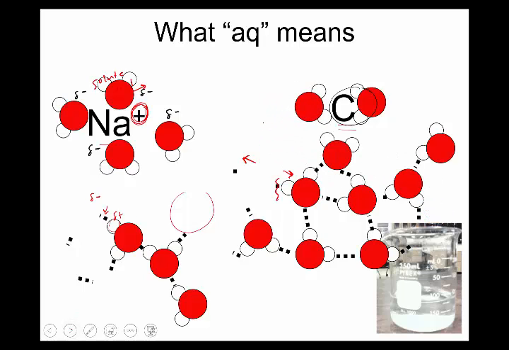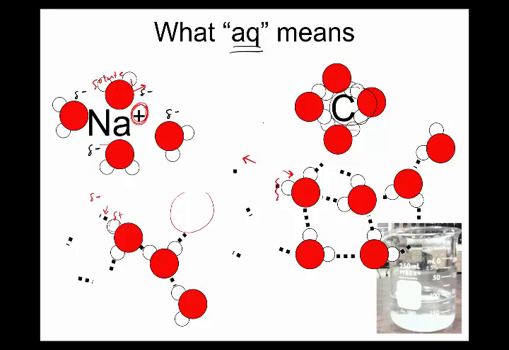Water breaks apart from its hydrogen bonds and surrounds the anion like that. That's what you mean when you write aq in a balanced reaction, or if you are doing a math problem.